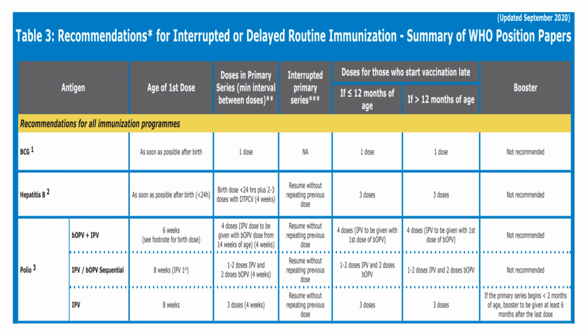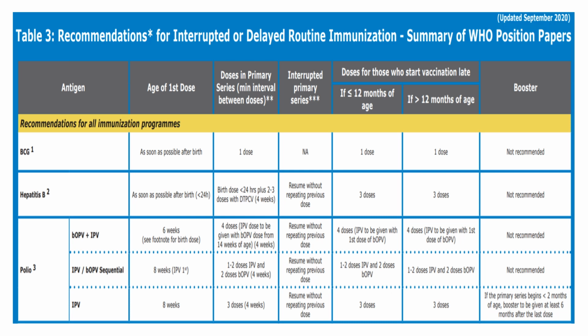As you can see, in case of BCG, in case of any interruption or delay, a single dose has to be given, be it less than 12 months of age or more than 12 months of age. In hepatitis B, again, you have to resume without repeating the previous doses and begin right from where we left. And even if it's less than 12 months or more than 12 months, you have to give all 3 doses.